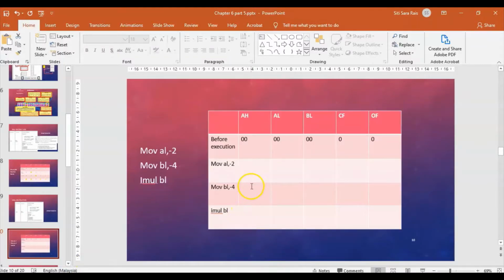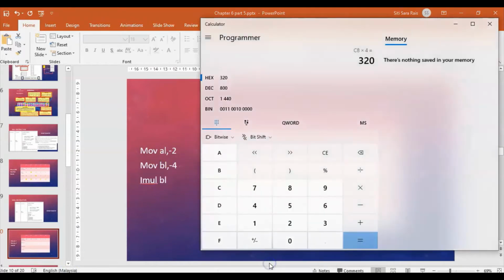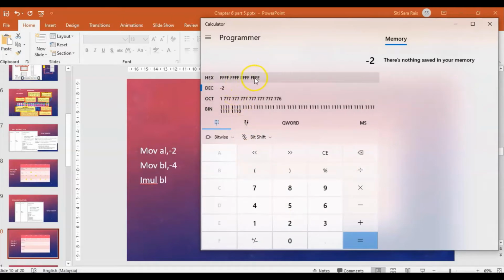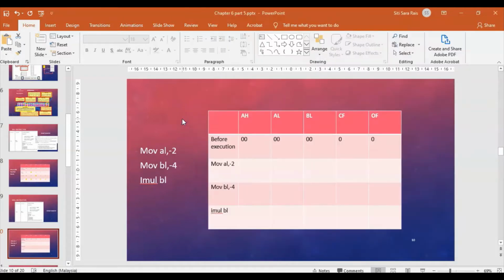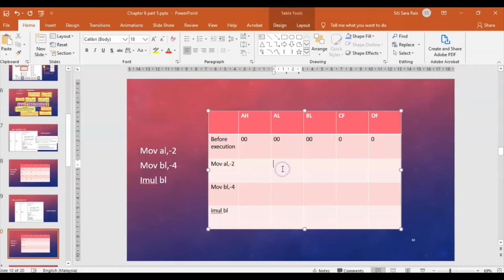We have the instruction MOV AL, -2. We need the calculator. -2 is equal to FE, so AL will have the value FE.